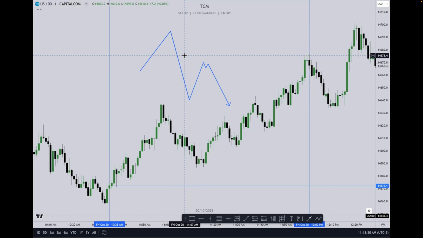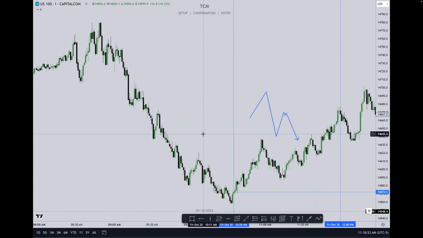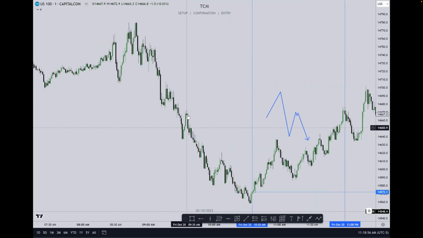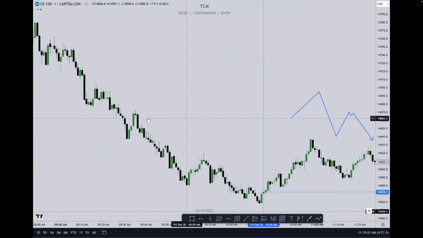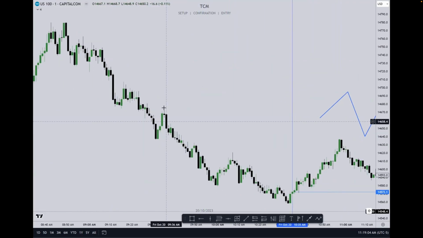Okay, cool. Confluence. And we could use, for example, remember this short here, right here? Maybe you did, but no, I remember in the market, I didn't take it though. On M1 here, besides this up candle and a CSD here, what says that you can short this? Not much on an M1 chart.